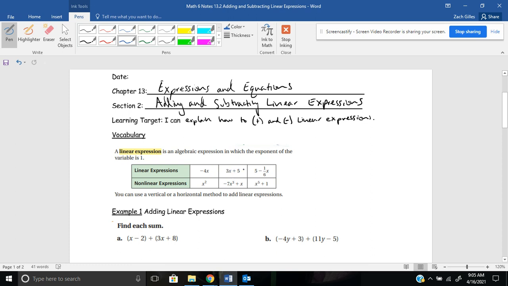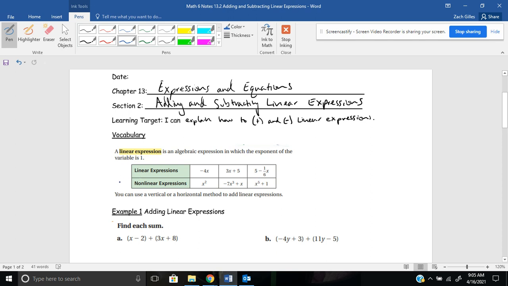And you'll see that's the same with every other one of these expressions. There is no exponent above my x here. If you look at the nonlinear expressions, you'll see you have an exponent on the variable. So x squared, x to the third power, x to the fifth power.